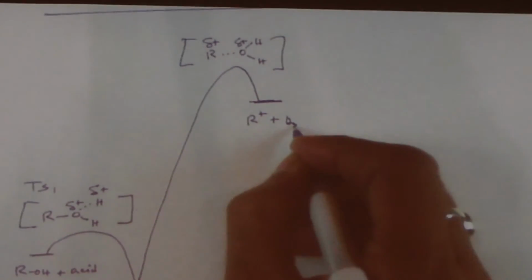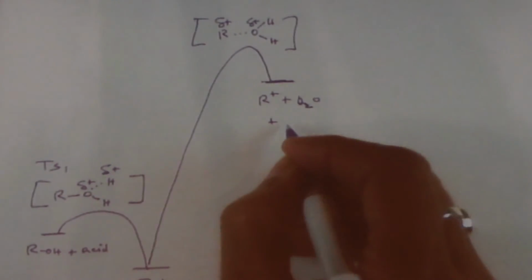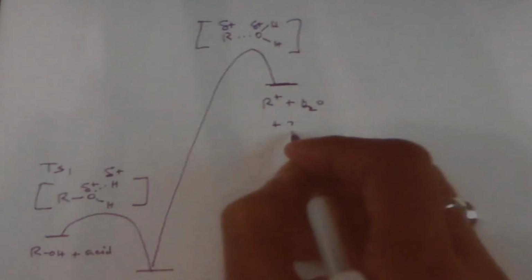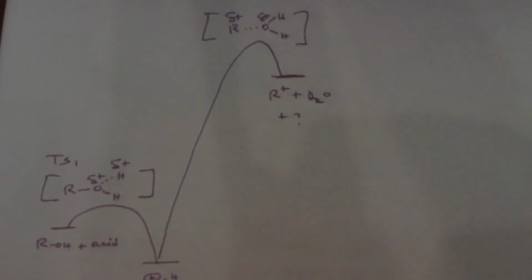Finally, when this bond is broken, then it's going to generate R plus, H2O, and whatever else is there. So this is the formation of the carbocation. This part is same for SN1 and E1 mechanism. Right?